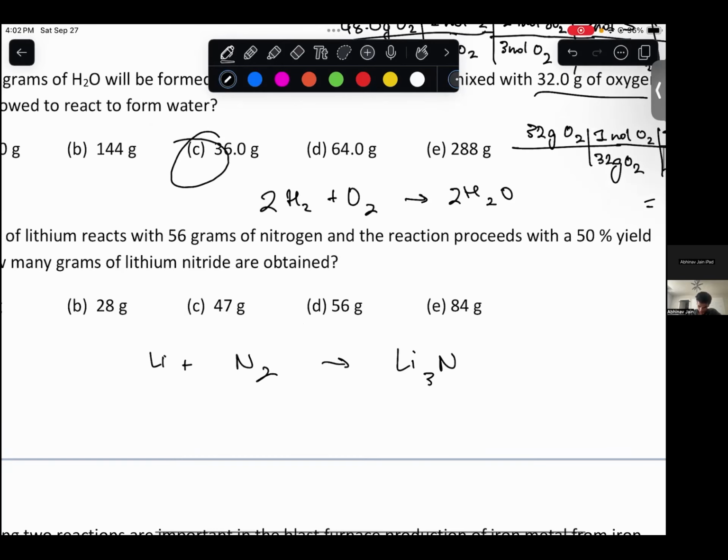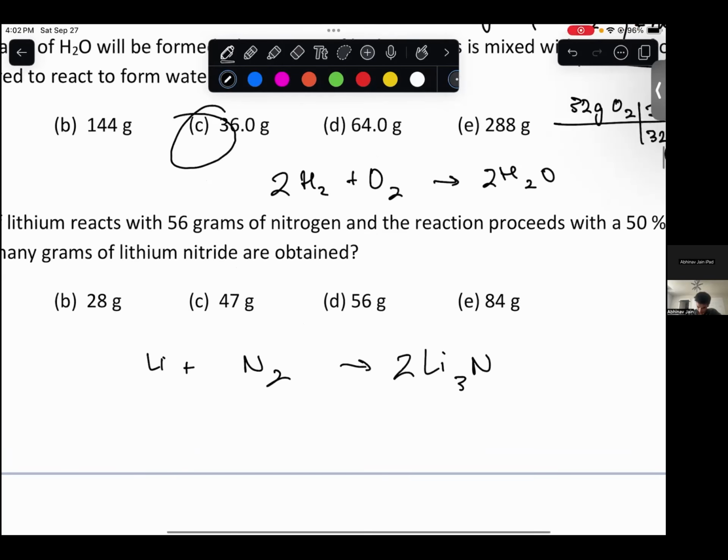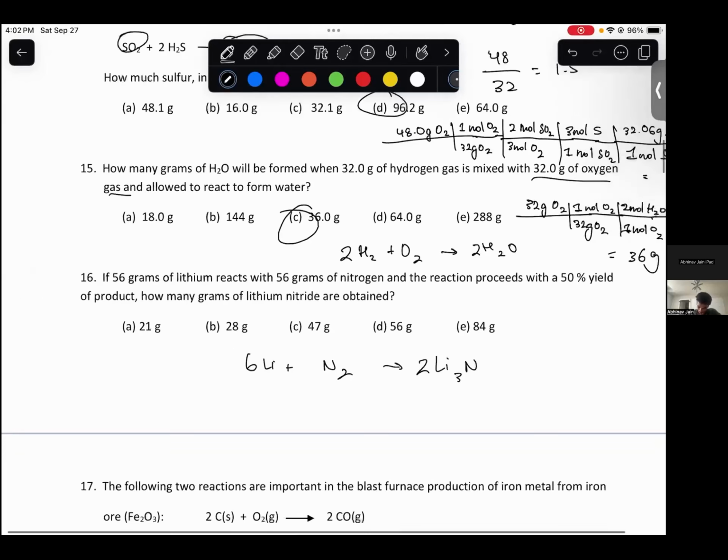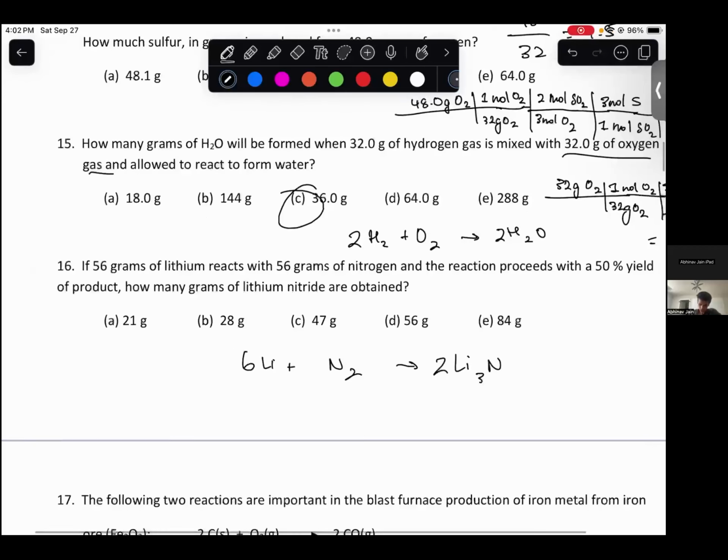To balance this, we're going to need 2 lithium nitrides to balance out the nitrogens, and then we're going to need 6 lithiums to balance out the lithiums. So 56 grams of lithium, 56 divided by the molar mass of lithium, which is around 6.94.